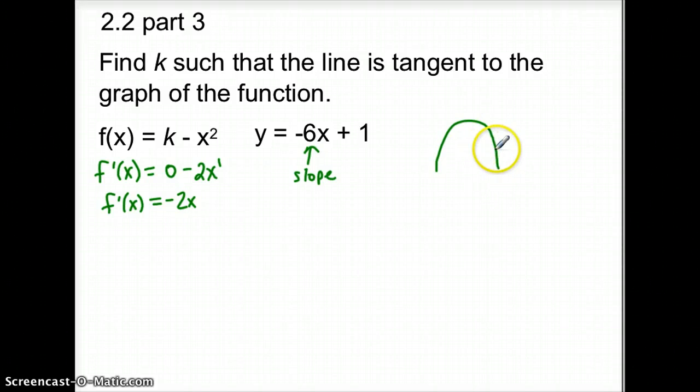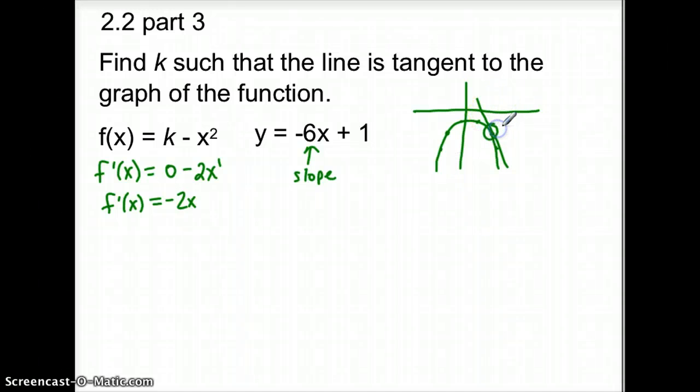And any x value I choose, if I plug that x value into this negative 2x, that will give me the slope of a tangent line. I want a tangent line of negative 6x plus 1. So that's probably going to be somewhere over here because it has a negative slope. This over here would have a positive slope. So I know that this tangent line isn't over there on that part, it must be over here somewhere. I just need to know what that x value is.